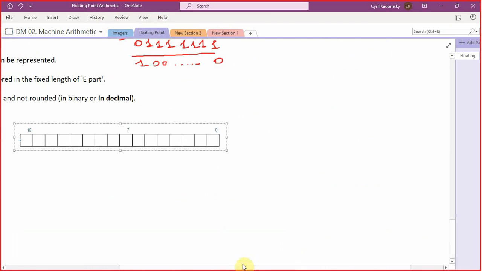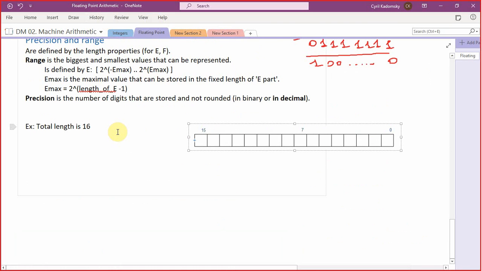Total length is 16, and the length of the exponent is 8 as before. We try to define the range.